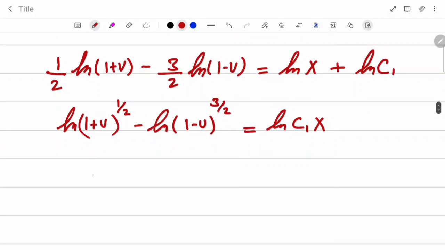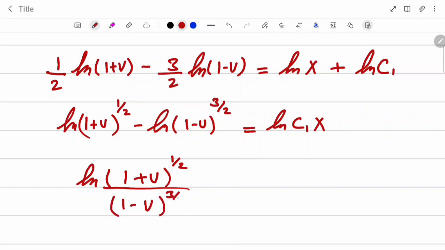Now I can merge them as well. So we have 1 plus v by 2, and then 1 minus v by 3 by 2. Remember, these are all under one ln and ln c1x.